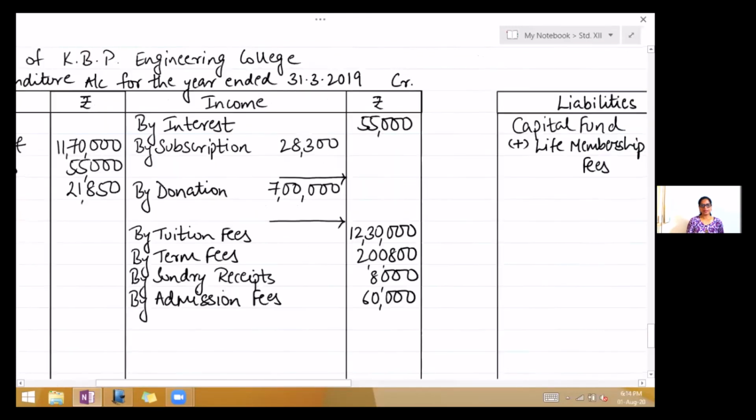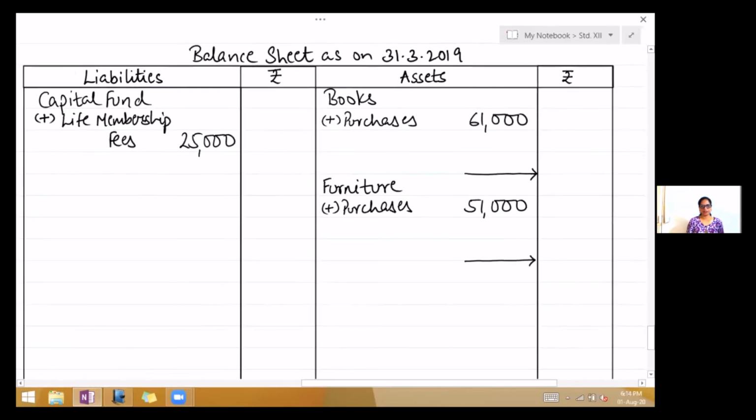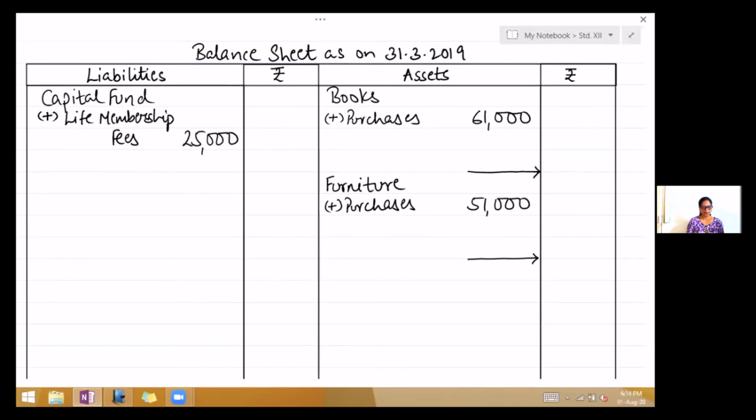So this is, they have made additional fixed deposit. So on the asset side, write fixed deposit. Leave that line, and on the next write add additions, 8,50,000 in the inner column. And then we will take the amount afterwards to the outer column.